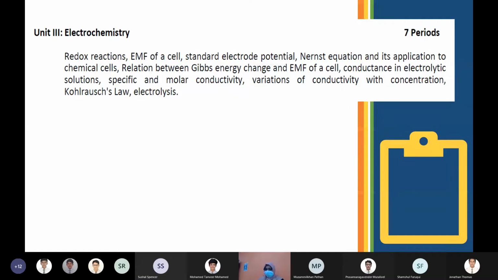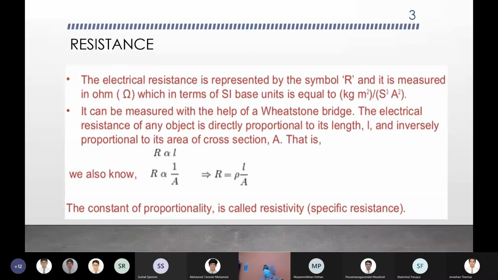This is syllabus revised one, which we have already discussed. Resistance and all, no need to write it in your notes because our topic is not related to resistance. But you know that from resistance only we are moving to conductance, conductivity, everything. This is basically related to molar conductivity.